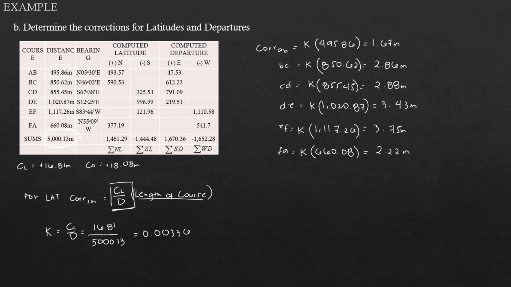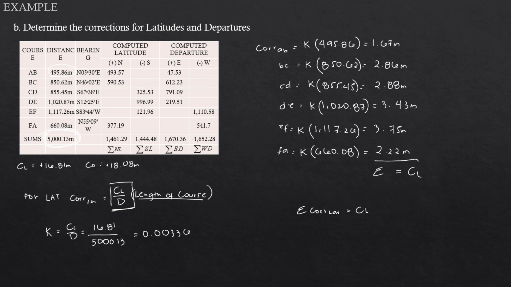So, check natin yung solution natin. Dapat yung summation nito is equal dapat sa CL. Okay, so pag-add nyo 'to, ano yung summation? Summation ng correction is equal to CL dapat.